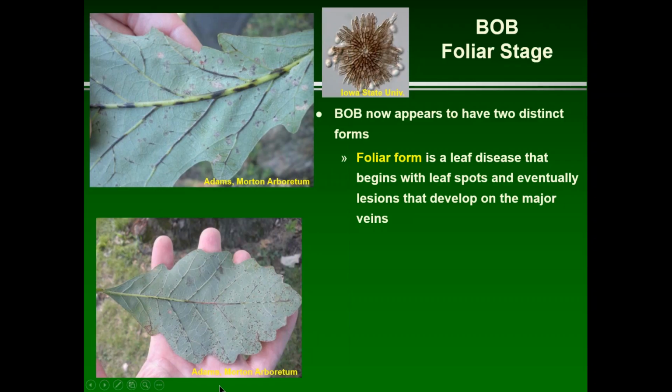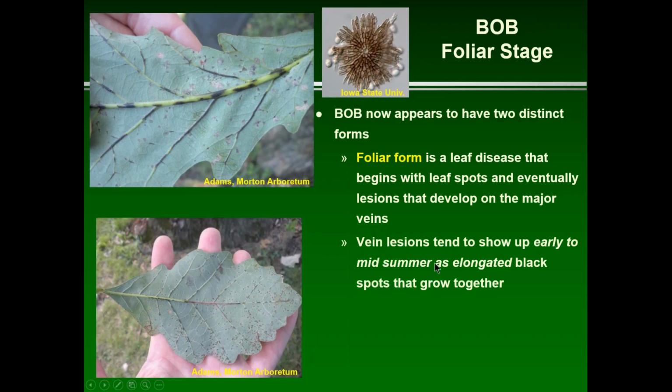So in these two photos you can see the foliar form with some of the leaf flecking and then these lesions that will begin to develop on the main veins. These lesions will tend to show up fairly early in the season, so early to midsummer, and those lesions generally will grow together, and that will lead to some of the foliar symptoms that we will see a little bit later in the season.